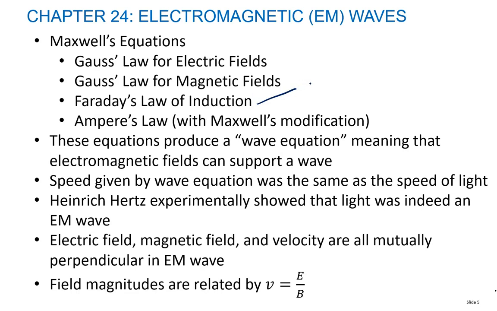In terms of this chapter, a changing magnetic flux produces an electric field. And Ampere's law, a changing electric flux produces a magnetic field. And so because of those two relationships, it supports electromagnetic waves.